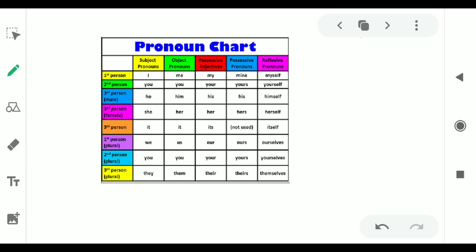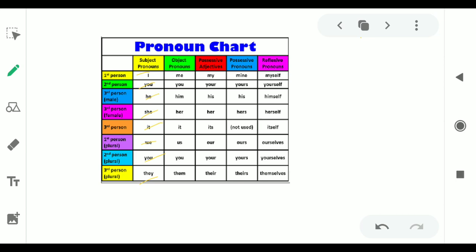Look here. I, you, he, she, it, we, and they are known as personal pronouns in the nominative case.